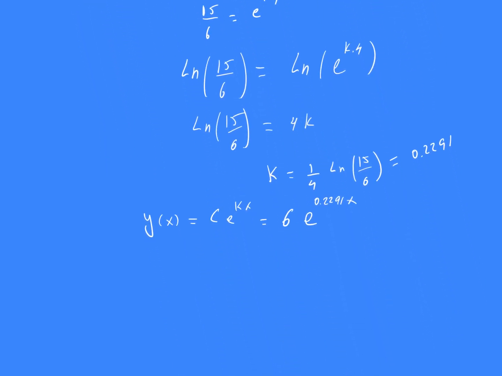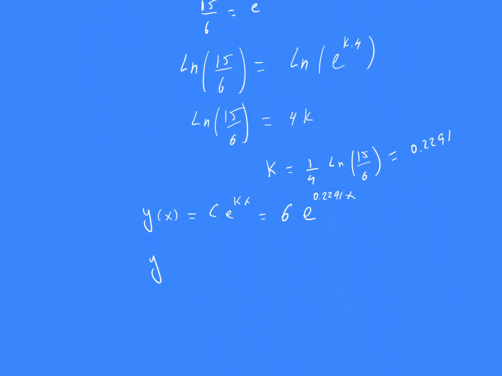Well, I have the equation. So y of 8 is equal to 6 e to the 0.2291 multiplied by 8. You go to your calculator and you will find y of 8 approximately. But this is not the correct way to do it.